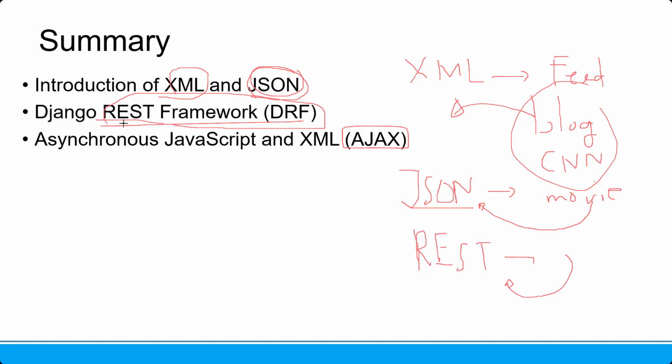Unfortunately, I cannot find a REST framework which is open, so there is no open REST framework. So I just gave you the REST framework from our example. And you learned how to do it with AJAX. The simple AJAX is to read the data and then show the data.